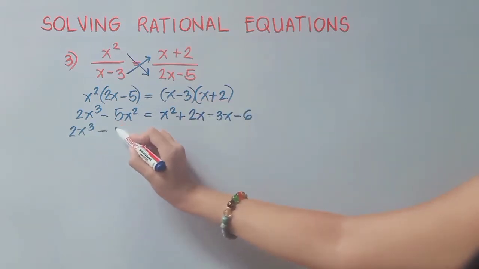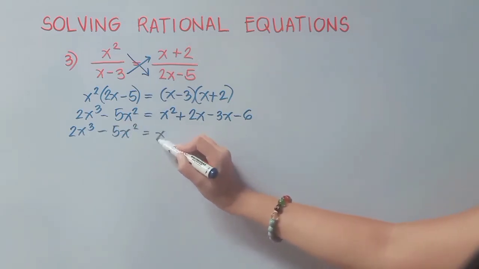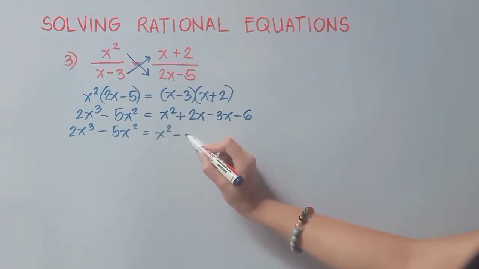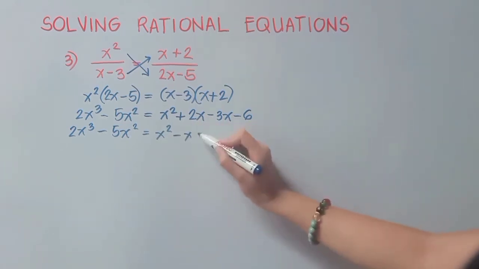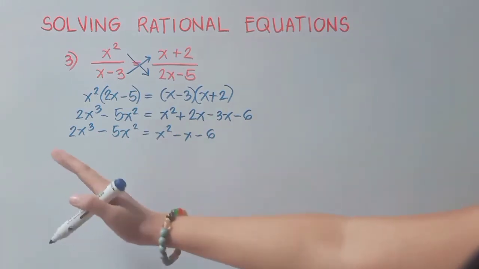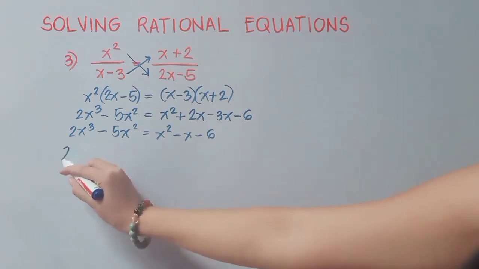Let us just copy the left side, since we can still simplify 2x minus 3x, which is negative x, and then copy negative 6. Since we have x cubed here, we will have to place all of the terms on the left side, and we'll just have 0 on the right side.